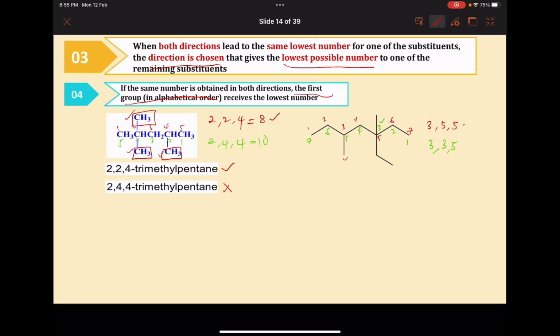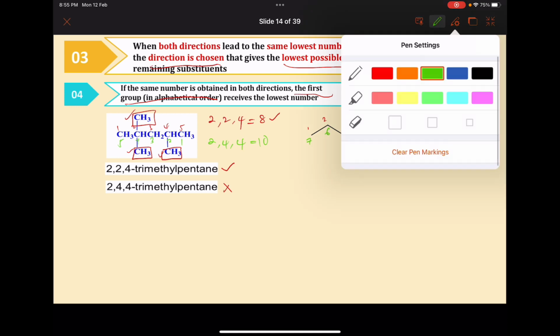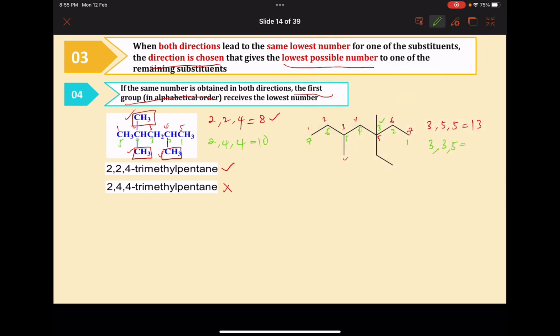So the total for the red route is 13, meanwhile the green route is 11. So which means we use the green route as the main route for the carbon chain of the parent hydrocarbon.